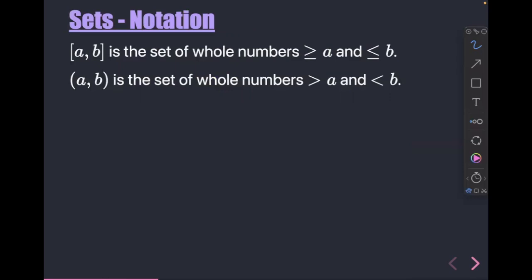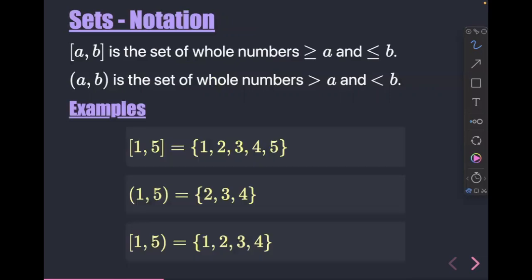Some other notation, which I talked about briefly in the pseudocode lesson: hard brackets are inclusive of all of the numbers between A and B. So it's the numbers from A to B, including A and B. But if you have parentheses, then you're including the numbers between A and B, but not A and B themselves.